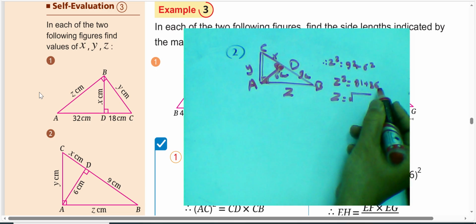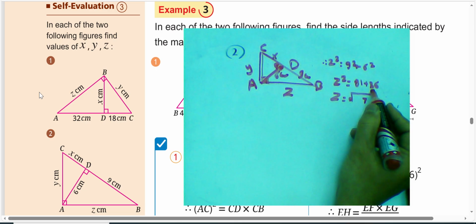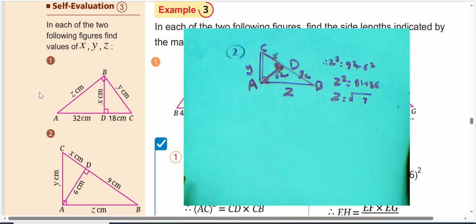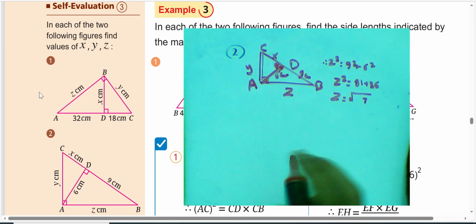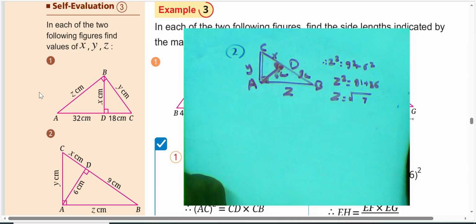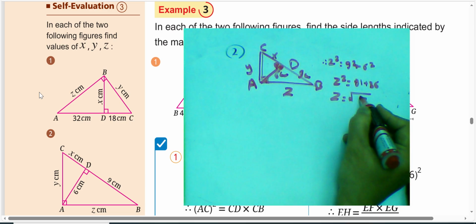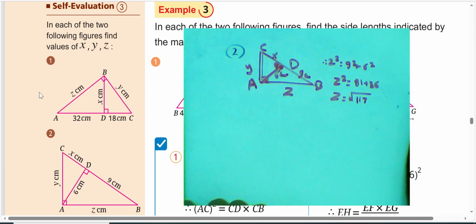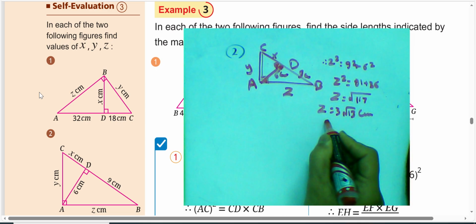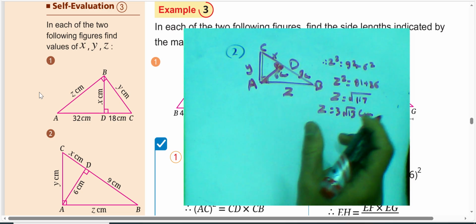Z equal square root of the sum of them, because this is the hypotenuse, okay? 9 power 2 is 81 plus 36 equal 117. Square root of 117 equal 3 root 13. The length of z will be 3 root 13.